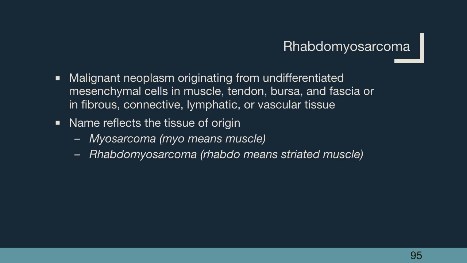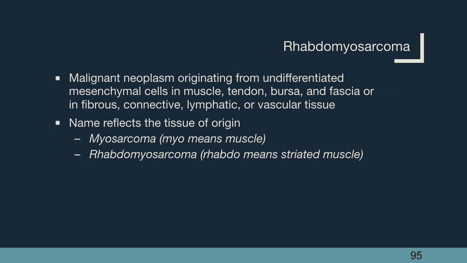Rhabdomyosarcoma is a malignant neoplasm that originates from the undifferentiated mesenchymal cells in the muscle, the tendon, the bursa, the fascia, or in fibrous connective lymphatic or vascular tissue. The name reflects the tissue of origin.